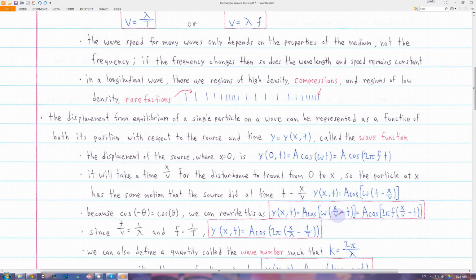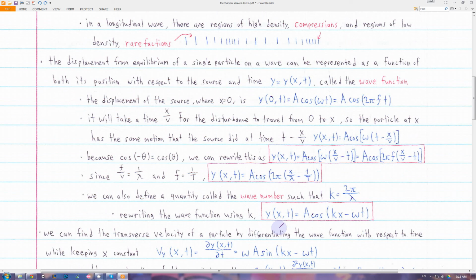And then we can further rewrite it, since if we distribute this frequency to these terms, f over v will equal 1 over the wavelength, which we get from this equation over here. And the frequency is the same as the reciprocal of the period. So distributing the frequency to these terms, we can rewrite the equation like this.